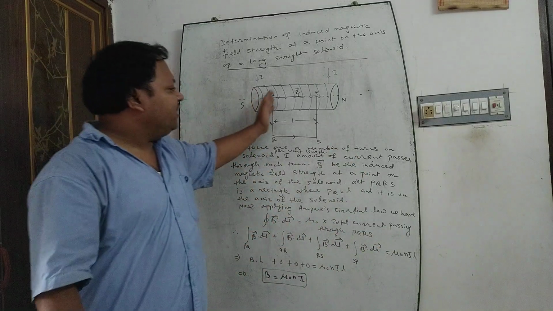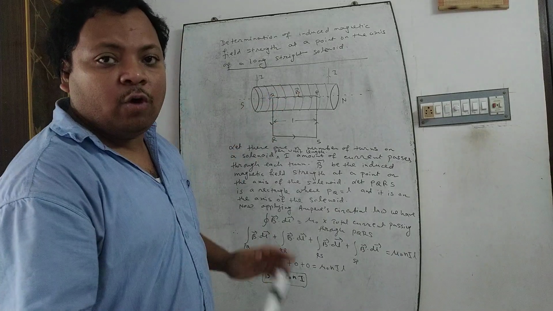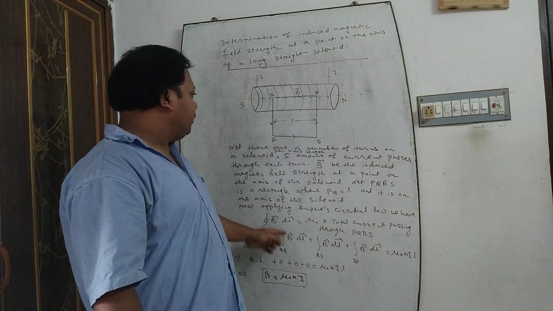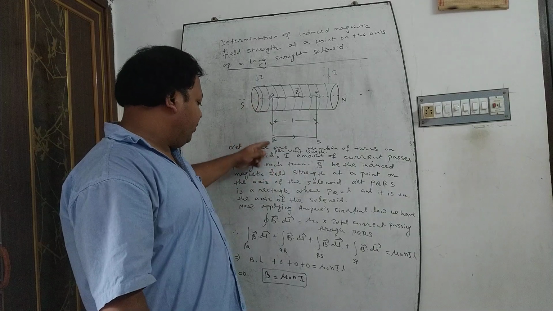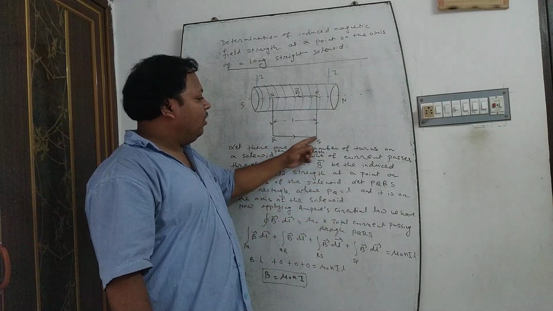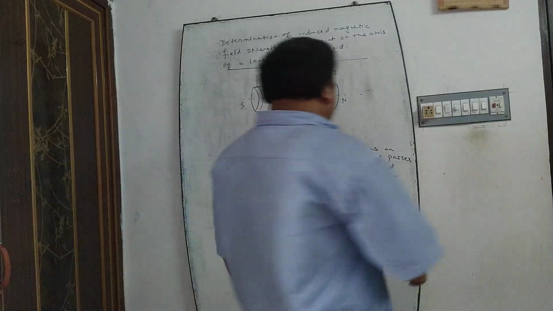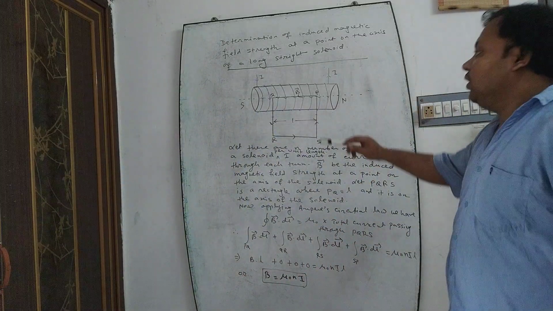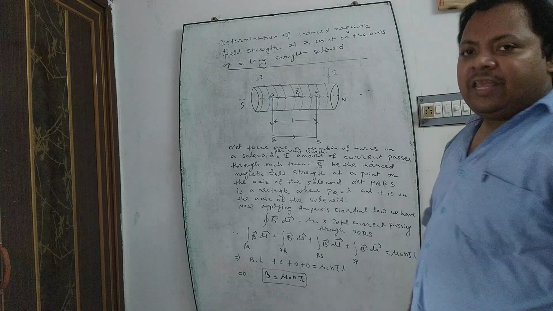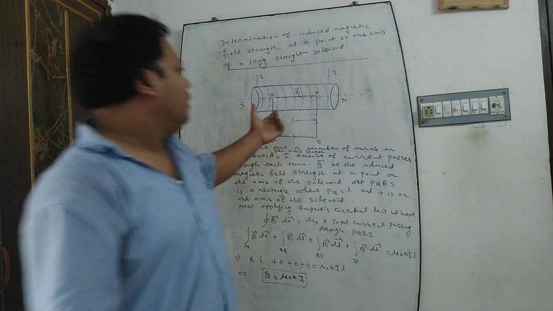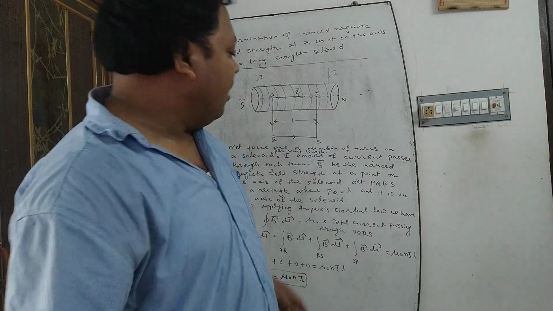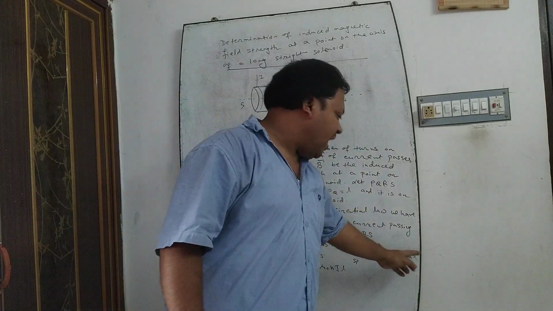Now we can divide this integration into 4 segments: integration of B dot dl along PQ, plus along QR, plus along RS, plus along SP, is equal to mu 0 nIl, because the number of turns per unit length carries I amount of current and the total number of turns in the PQ segment is n into l. Therefore, the total current passing through the rectangle is nIl.